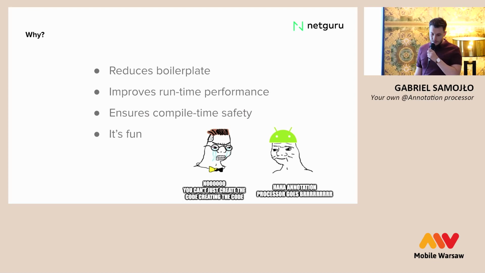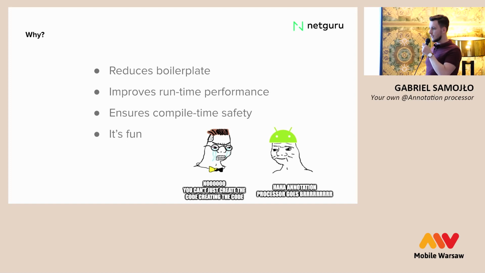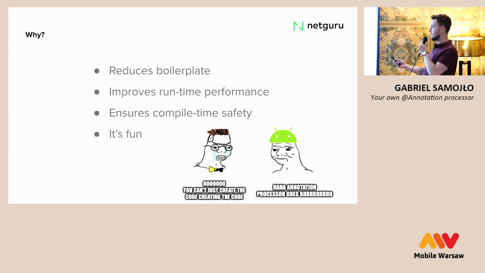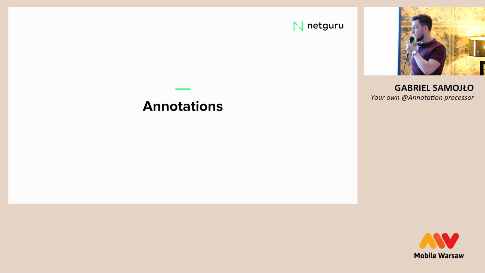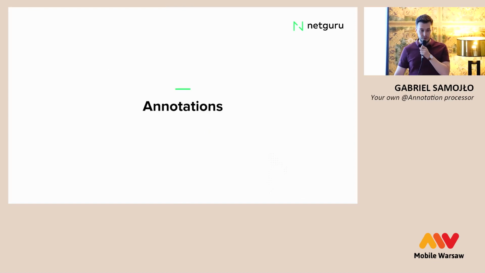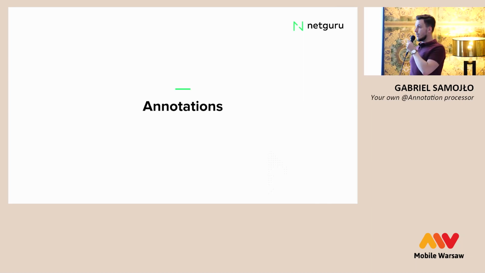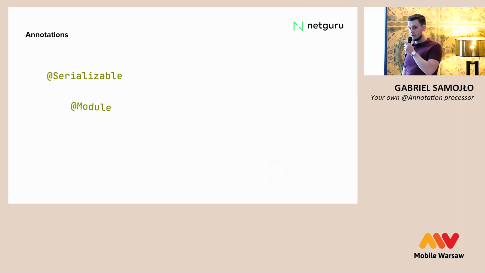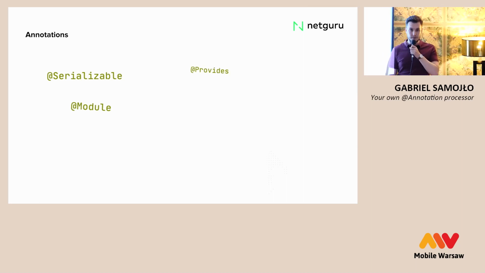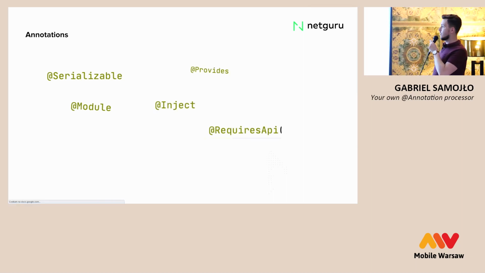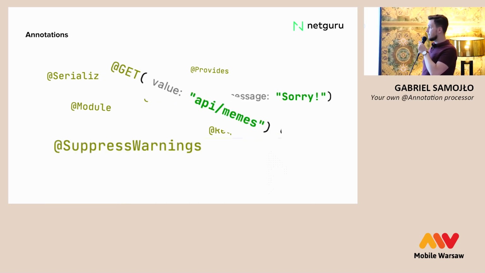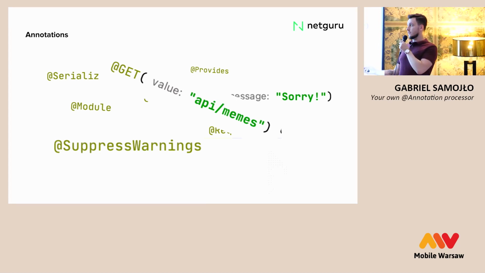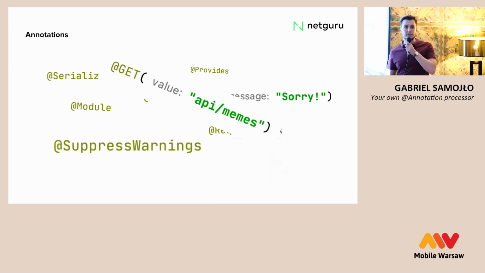So yeah. Maybe let's start from the beginning, because I talked about processing, about annotations, but let me talk about annotations from a theory perspective in the first place. I bet every one of you knows annotations. We have plenty of them. There are more or less fancy ones or boring ones, but let me explain what they even mean.